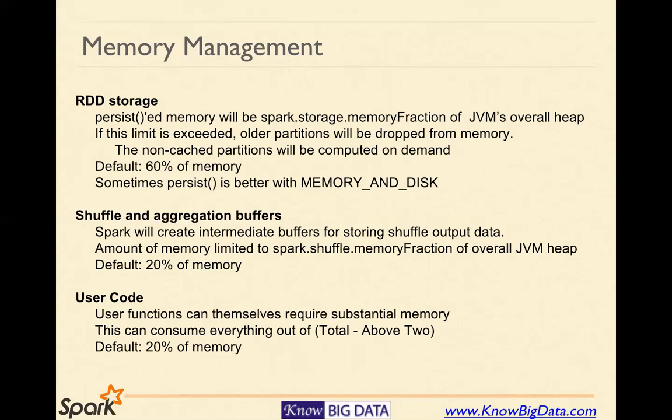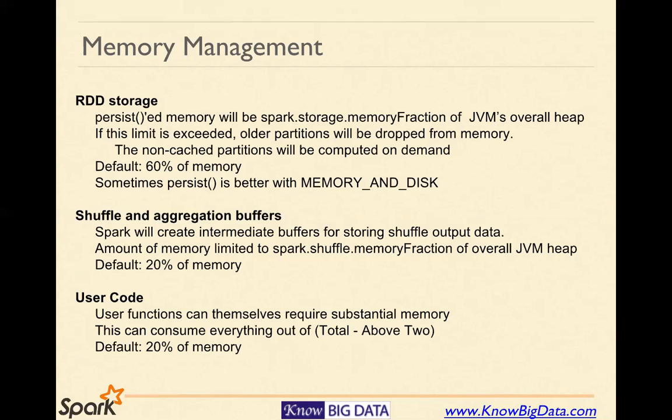All right. While shuffling and aggregating, if you remember, when we shuffle something, order something, we create temporary variables. By default, 20% of the memory is allocated to that. And 20% of the memory is allocated for the user's code, because whatever jars you are using, whatever code you have written, that gets loaded into the memory, and we call it permgen memory in case of the virtual machine.